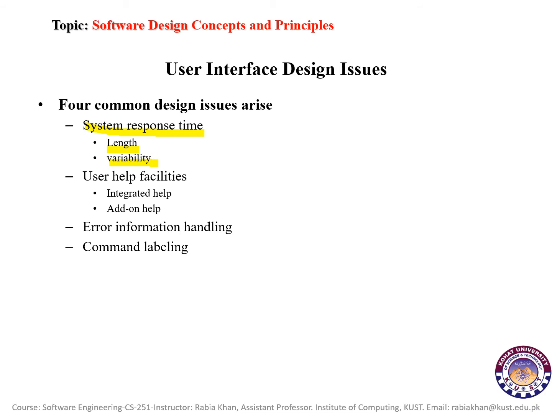If the length of system response is too long, user frustration and stress is quite visible. However, a very brief response time can also be detrimental if the user is being paced by the interface. So very quick response time is also not acceptable, while delayed response times are also not acceptable for the user.